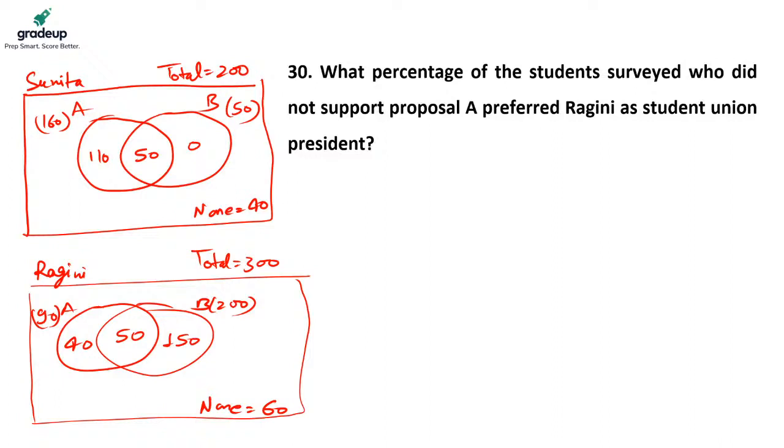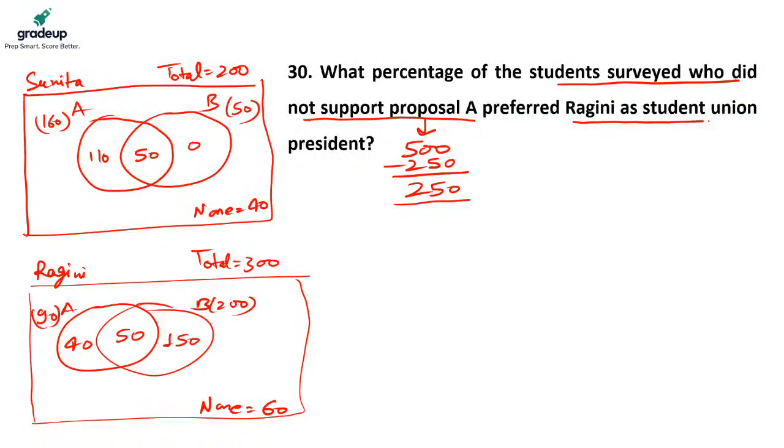Now they are saying, what percentage of the students surveyed who did not support proposal A preferred Ragini? We know how many of them did not support proposal A. Out of 500, 250 supported proposal A. So how many did not support A? 250. Out of this, how many preferred Ragini as student union president?